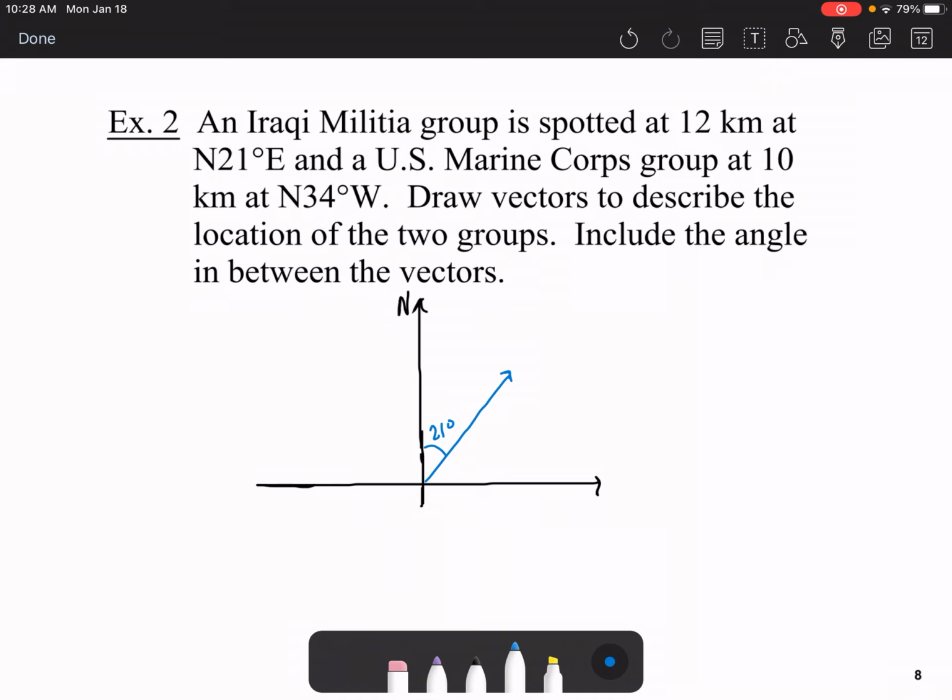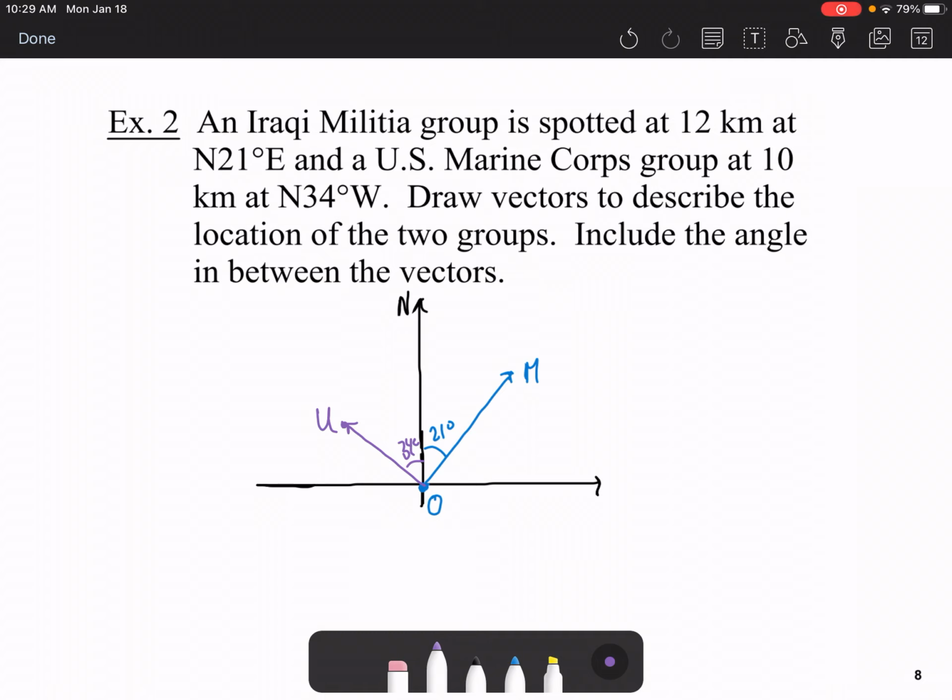Because it's the Iraqi militia group, I'm going to put a capital M for its location, starting from a starting point, let's call it O for origin. The other vector is a little bit smaller. So I'm going to draw that at 2 centimeters, but at a larger angle, so 34. And the U.S. Marine Corps group, so I'll call this point U.